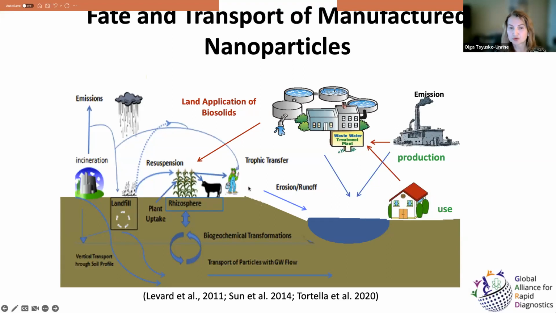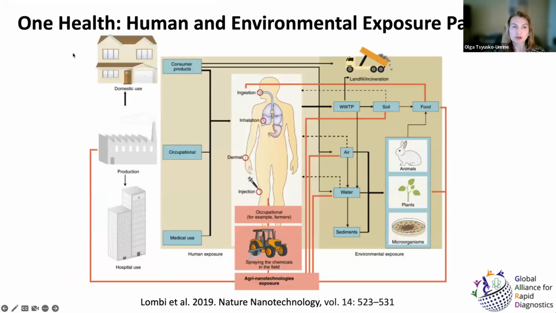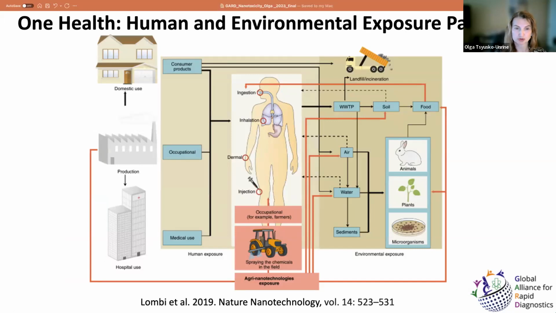And finally, we have runoff of the soils, so the nanoparticles eventually enter the water systems. So this is a One Health approach to estimating potential risk from exposure to nanomaterials, which includes estimating risk to humans and environmental exposure.